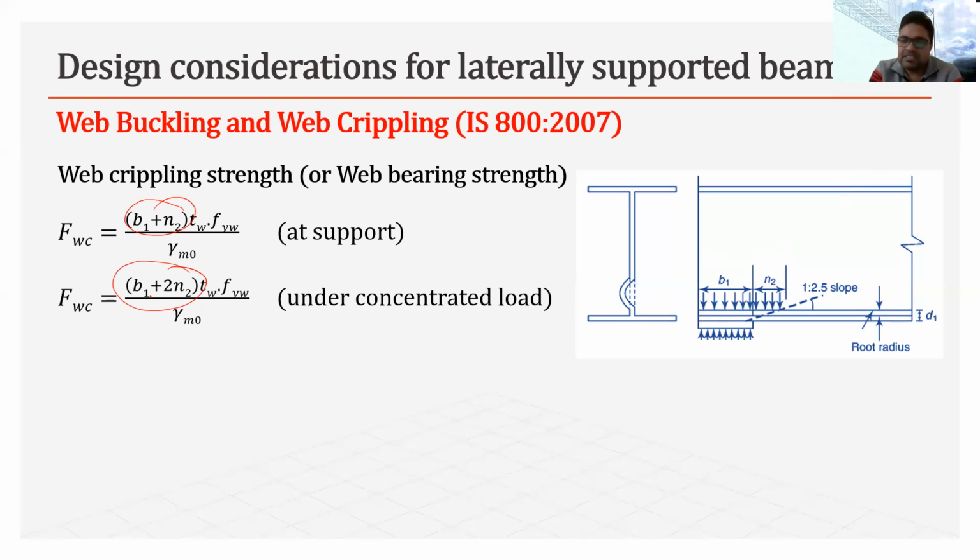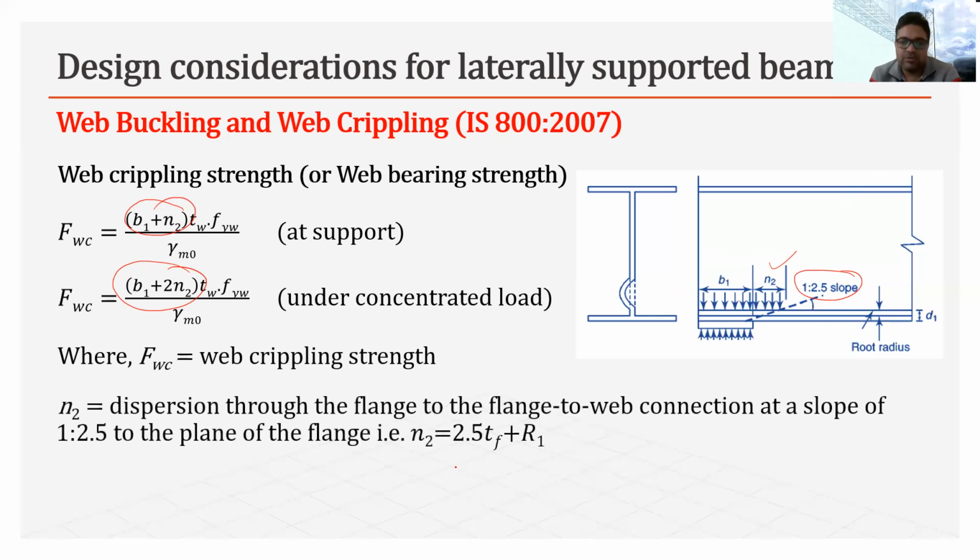So this we can easily calculate, because now if we know the slope, we can find out the value of N2, and N2 will be equal to 2.5 times TF. TF is the thickness of flange and R1 is the root radius. So you can see D1 is basically the sum of the root radius and the thickness of flange.